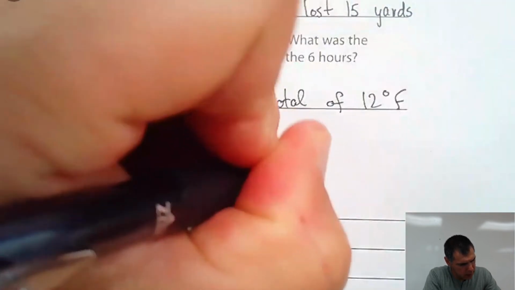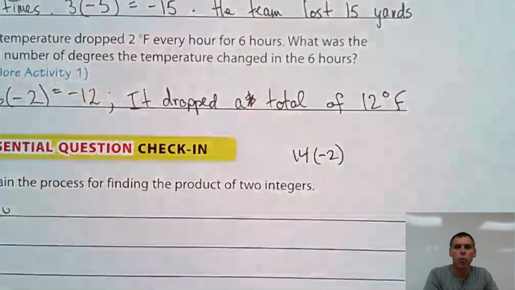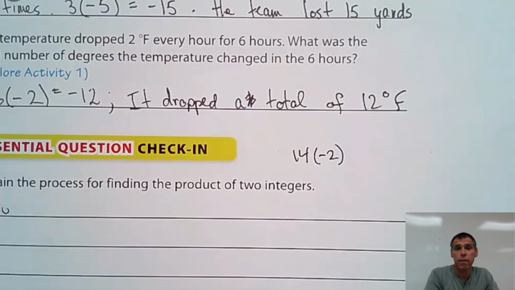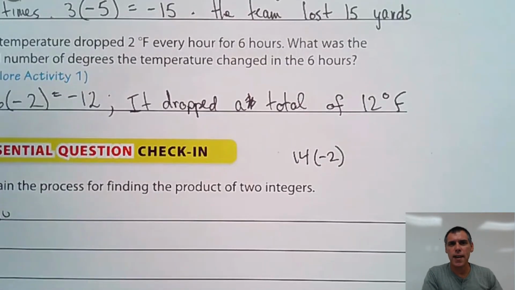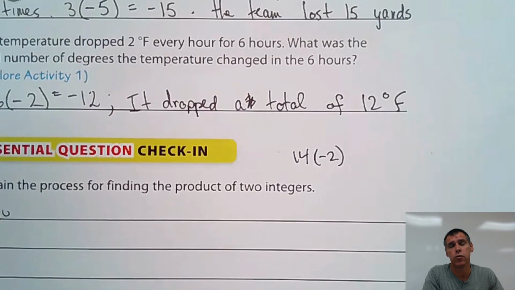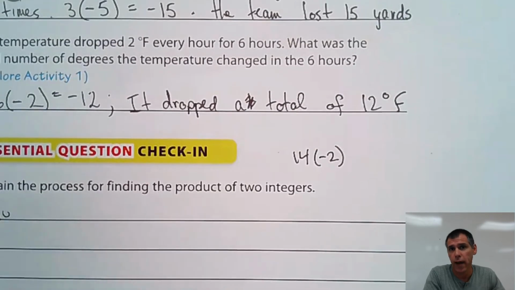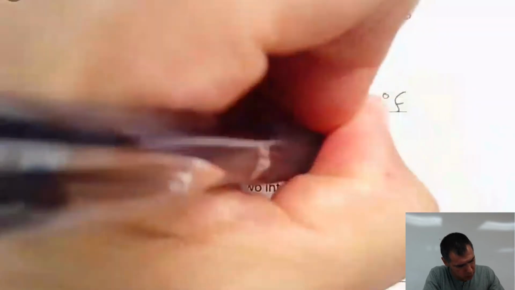If you have 14 times negative 2, one of the problems we did, what did we do? We multiplied 14 times 2, right? So you're stripping away the negative. To strip away the negative means you're going to take the absolute value of that number. So the absolute value of 14 is 14, the absolute value of negative 2 is 2, you just multiply those absolute values, 14 times 2, and we get 28.